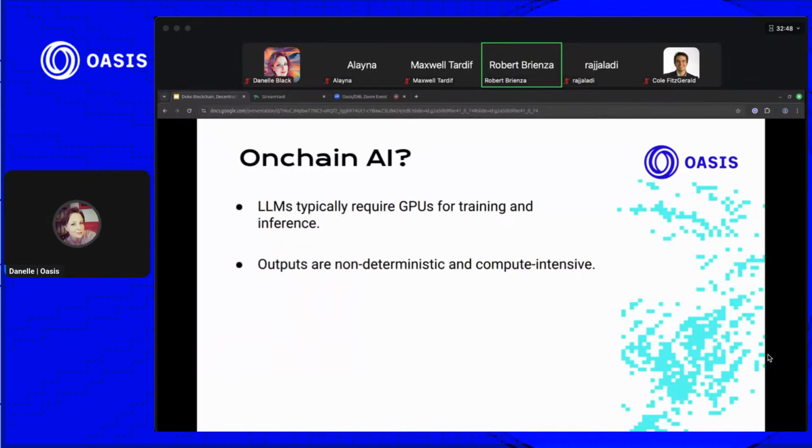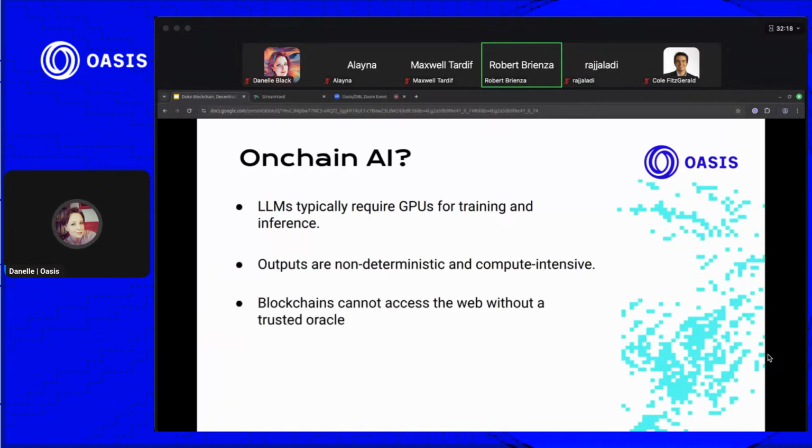So if you just have a network of nodes that are just replicating some computation, it is not trivial to just say, well, aggregate the result for all of them and average it out or something, because blockchains want to be very deterministic. They want to come to consensus and make sure everyone agrees on exactly what has happened. And this process, as a result, is also very compute intensive. And that does not blend well with LLMs, which themselves are compute intensive in the first place.